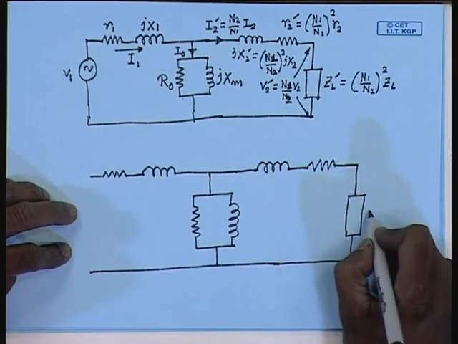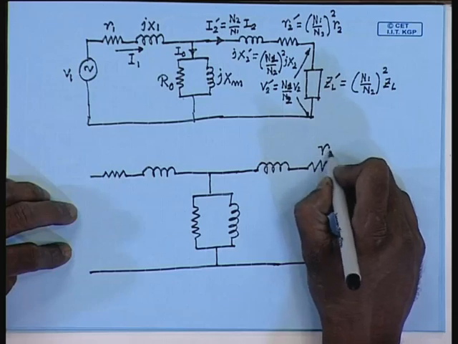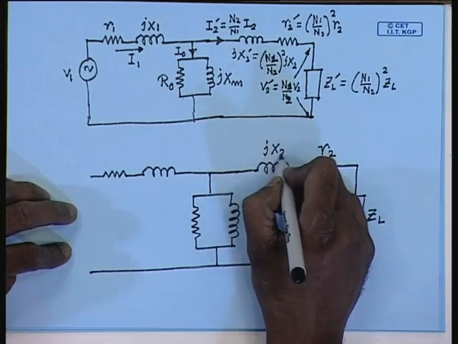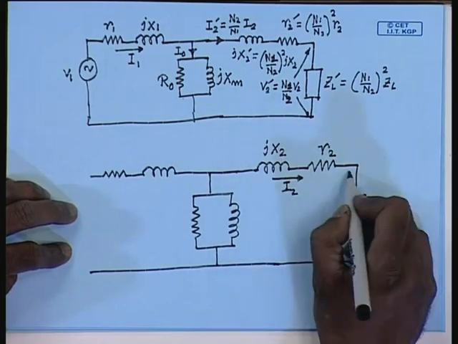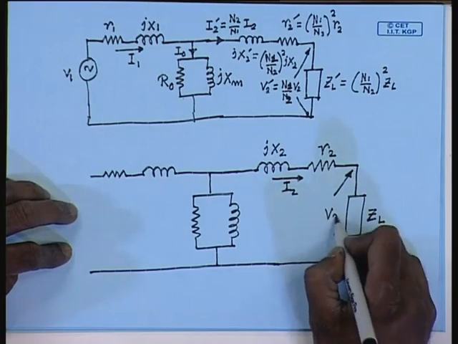So, now the secondary load impedance ZL remains as it is, winding resistance remains as it is, leakage reactance remains as it is, the current remains I2, the load voltage remains V2.